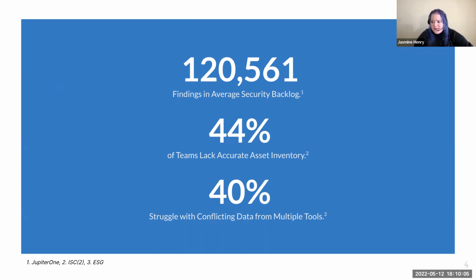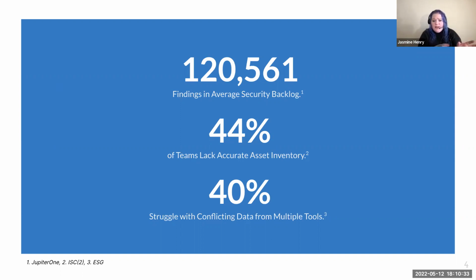A staggering number of organizations lack an accurate asset inventory. And I feel like that's not because security teams don't care or don't try. It's because organizations are developing technology much faster. And I think that if security is reviewing every single commit before it goes in production, security is probably a little bit over invested.